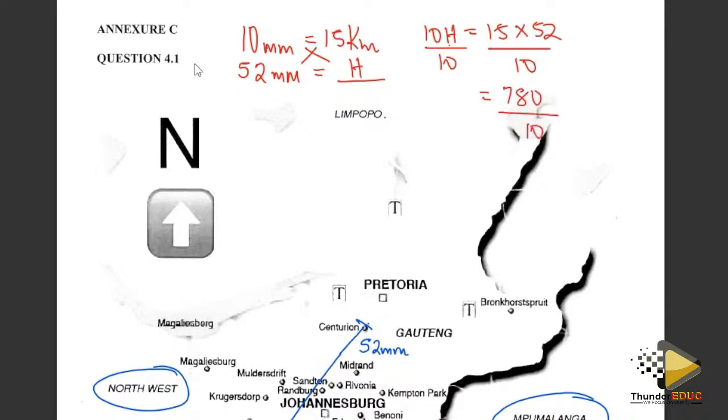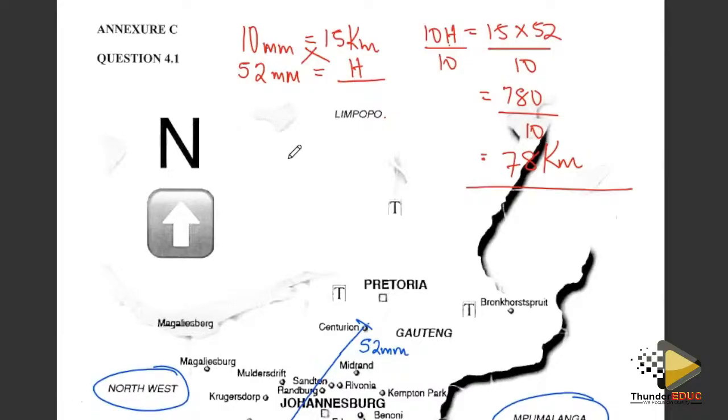You divide by 10, the answer becomes 78. That's how it's supposed to be done. The reason why I didn't convert is that, in actual sense, the distance has to be in kilometers. So that's done.